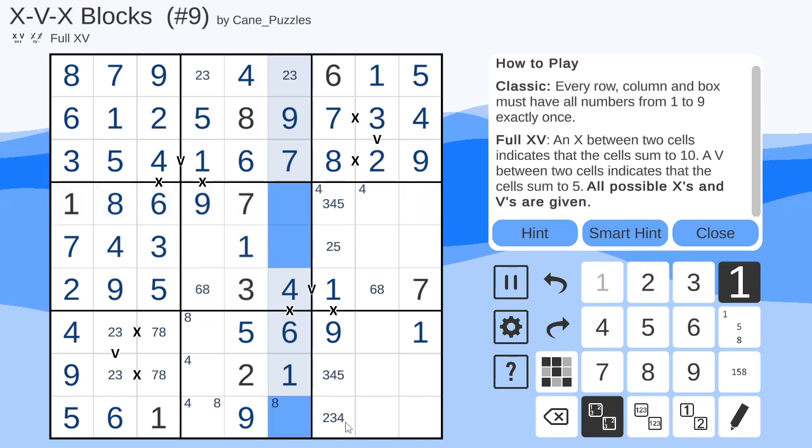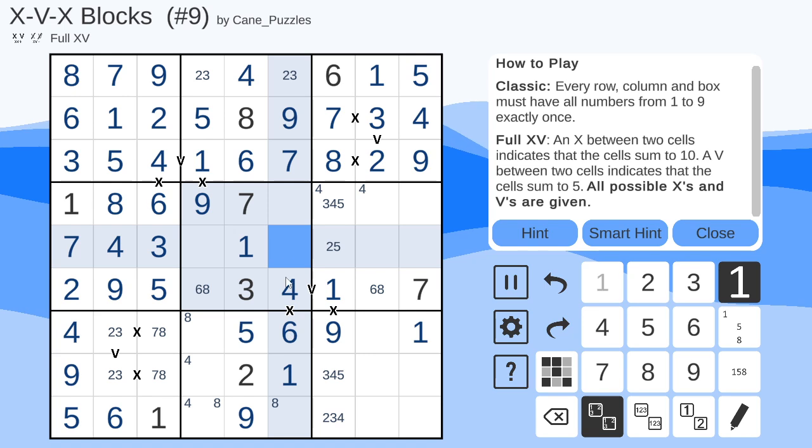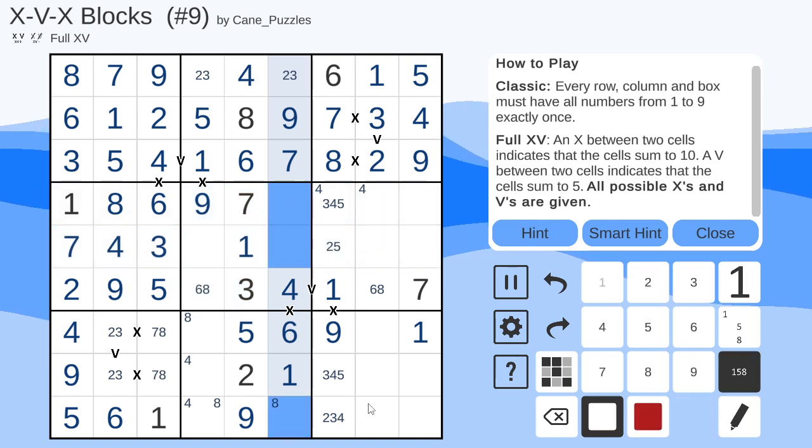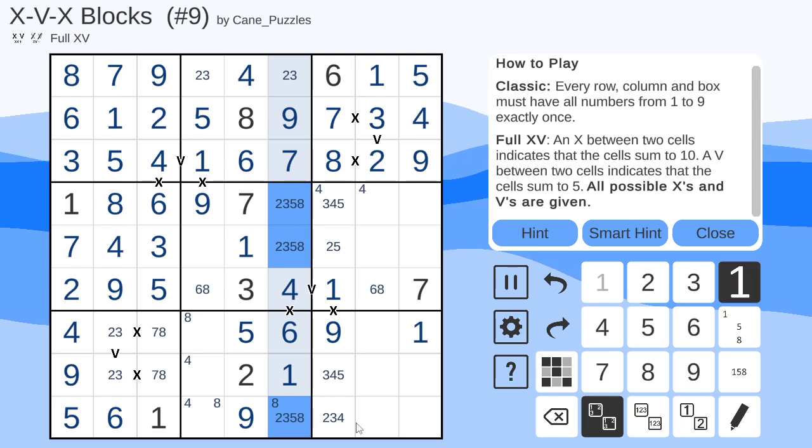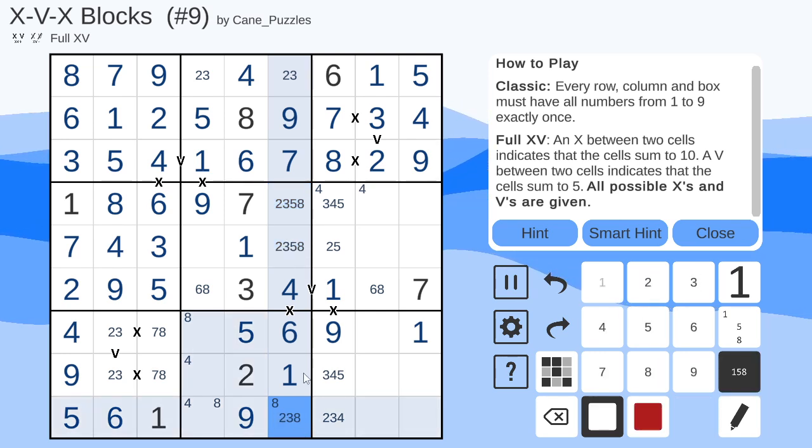Okay, we got 8 down here. Wait, no, 8 could go here. So 8, 3, and 5. No 5 here. Eight is fine down there.